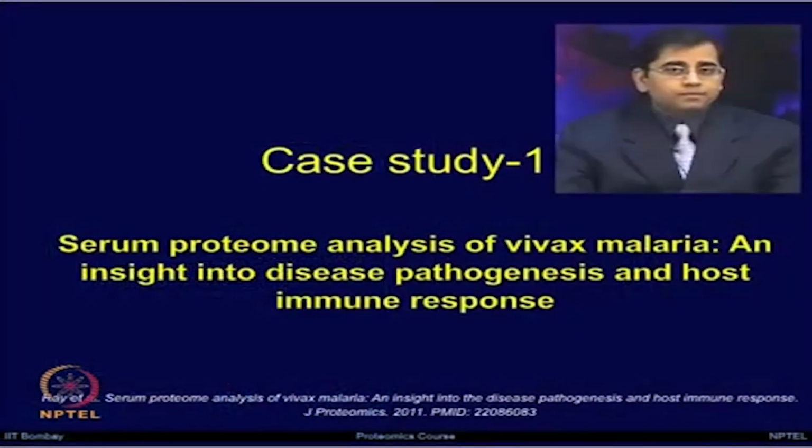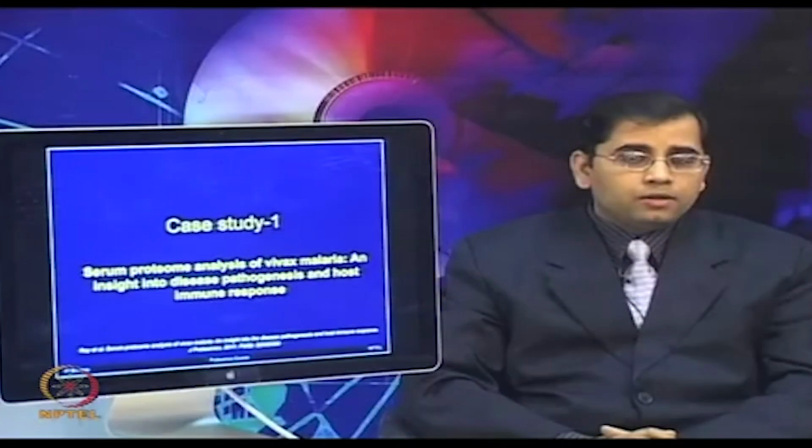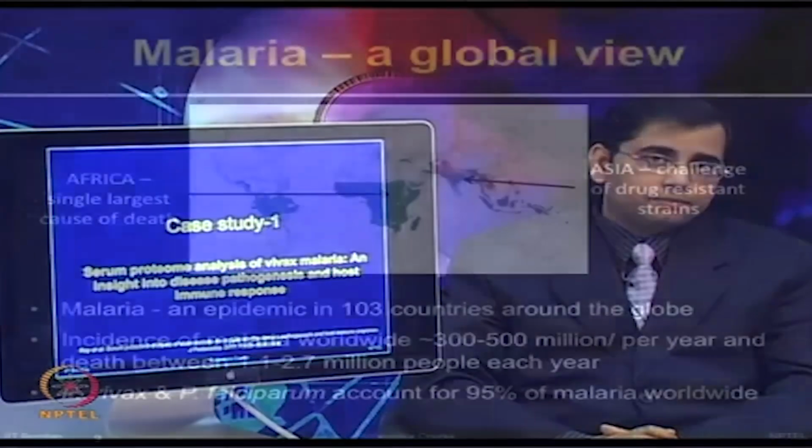In the first study, we will talk about serum proteome analysis of vivax malaria and insight into disease pathogenesis and host response, a study by Ray et al. This study was performed by my group, and we have tried to investigate the host response against the malarial pathogen vivax.